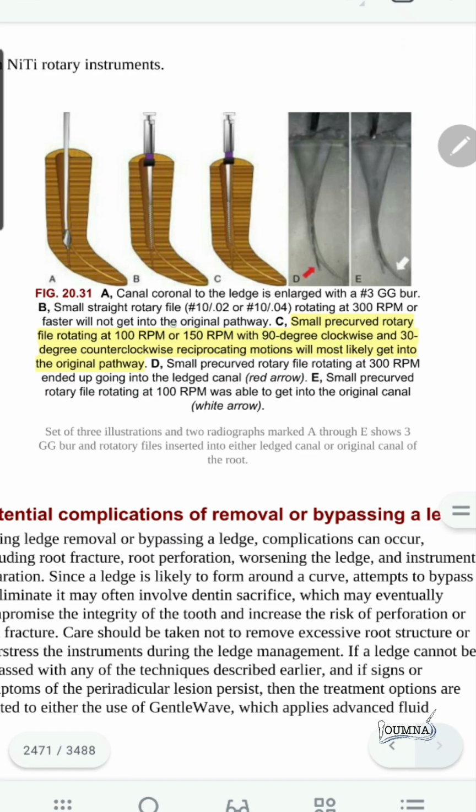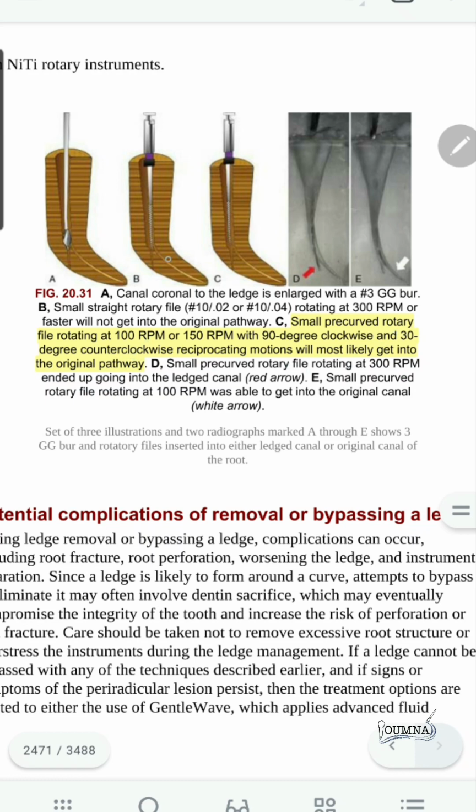Here they are saying that if the rotary file is at a high speed, like 300, it will not go into the original path. But if we pre-curve a rotary file at 100 rounds per minute or 150 rounds per minute with a 90-degree clockwise and a 30-degree counterclockwise reciprocating motion, it will most likely get into the original pathway.